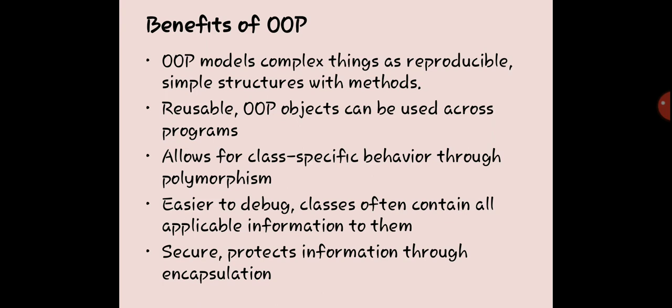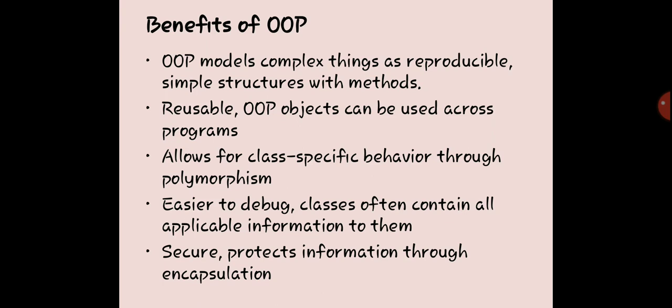These methods using the attributes can be used again and again whenever necessary, outside the class or outside the programming also. That is called reproducible coding. Then reusable also, right? As I said, the coding of a class can be reused across programs also.